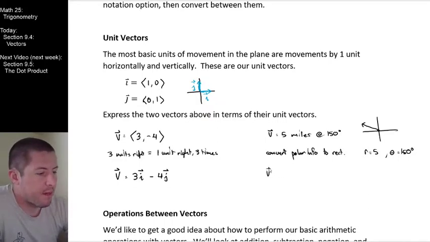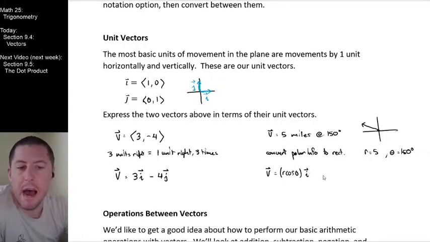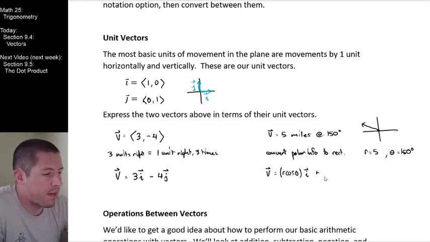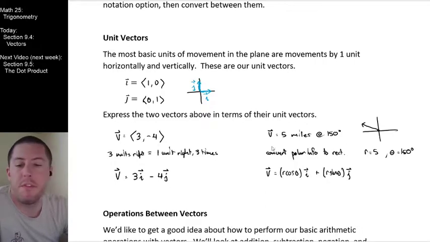So I think that I'm going to get my r cosine theta to be my x information, and that's how many copies of the i step I'm going to do, where i says go to the right one. And then we can do our y information, our r sine theta, and that is associated with our j vector, our vertical unit vector.